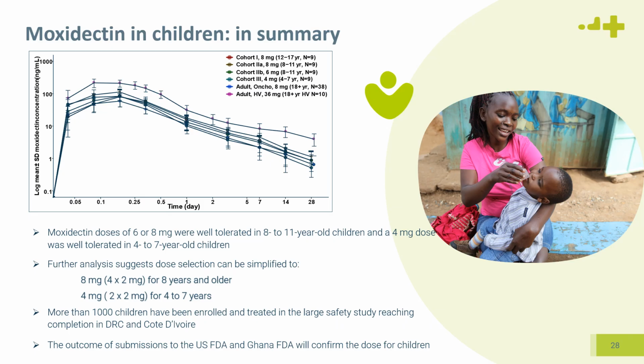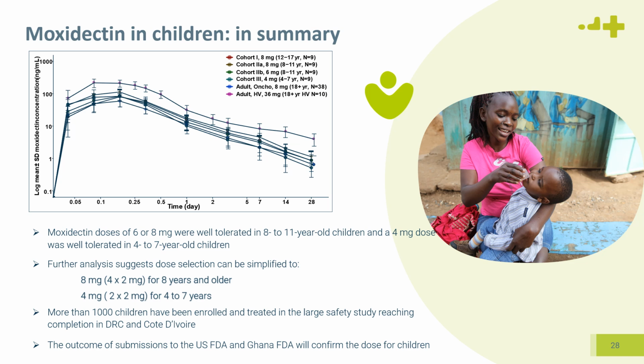In summary, Moxidectin doses of 6 or 8 milligrams were well tolerated in the 8 to 11-year-old children, and a 4 milligram dose was well tolerated in 4 to 7-year-old children. Although different age brackets and weight brackets were assessed, further analysis suggests that dose selection can be simplified to an 8 milligram dose for 8 years and older, and 4 milligrams or 2 times the 2 milligram tablet for 4 to 7-year-olds.